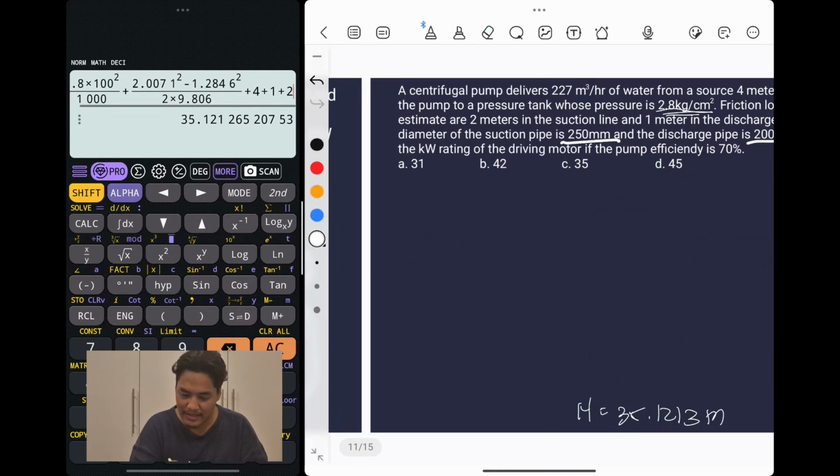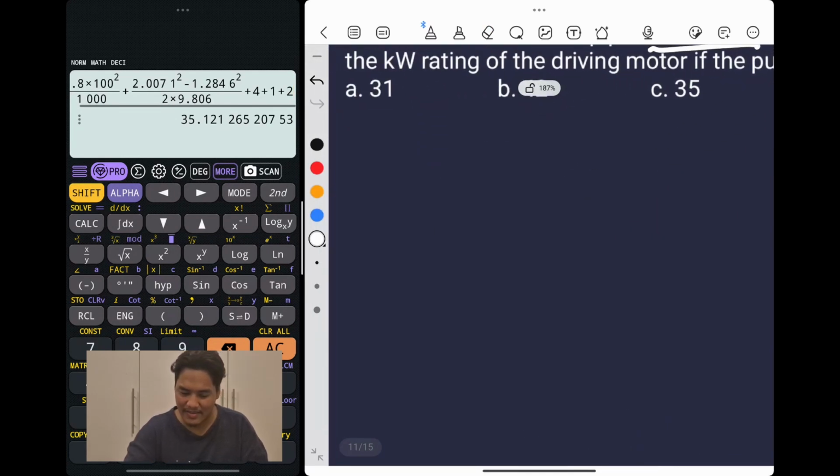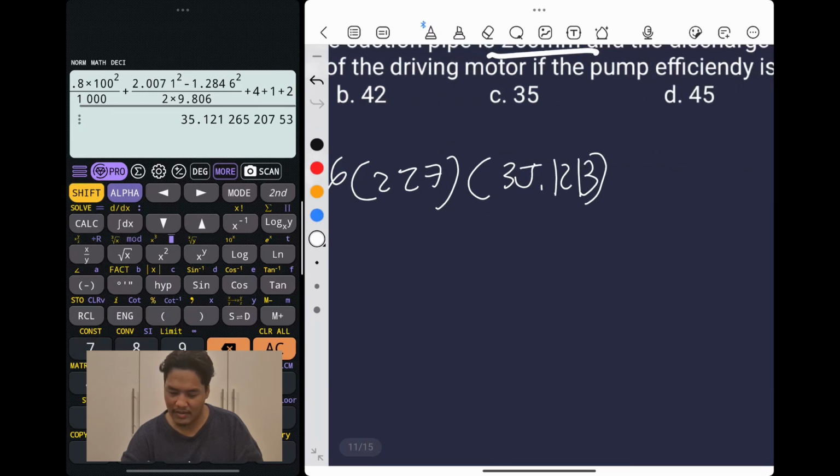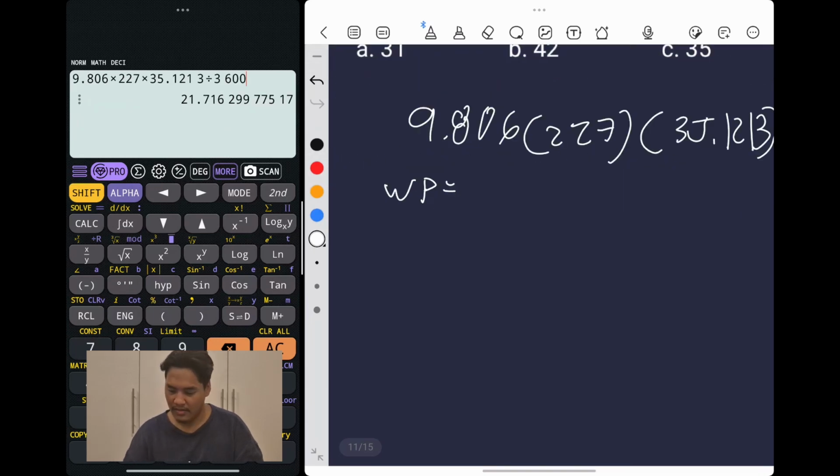So yan, given na yung head natin, pwede na natin itong i-insert. So, meron tayong 9.806 multiplied by yung ating flow rate na 227, then multiplied by 35.1213. Lalabas ang ating water power is equals to 21.7163 kilowatts.